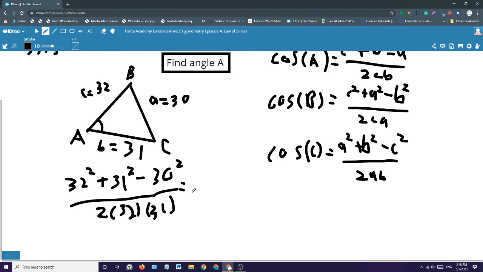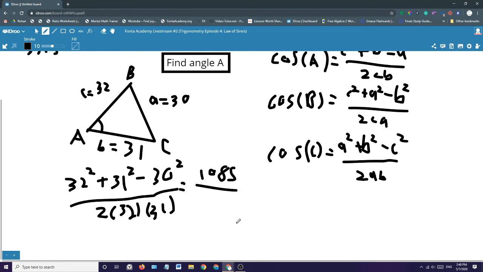So let's do this on the calculator. 32 squared plus 31 squared minus 30 squared gives us 1085 over 2 times 32 times 31.